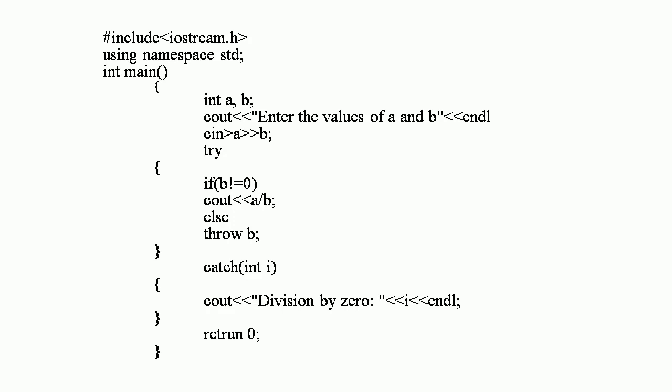Examples: division by 0, access to an array outside of its bounds, running out of memory, running out of disk space. Clearly understand these points.